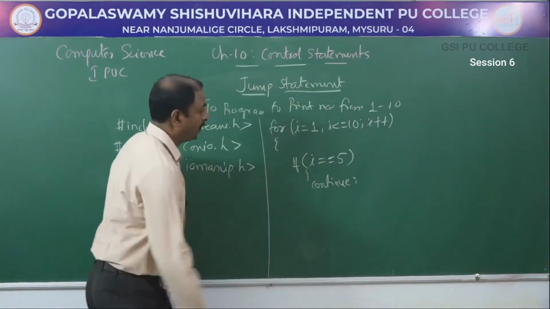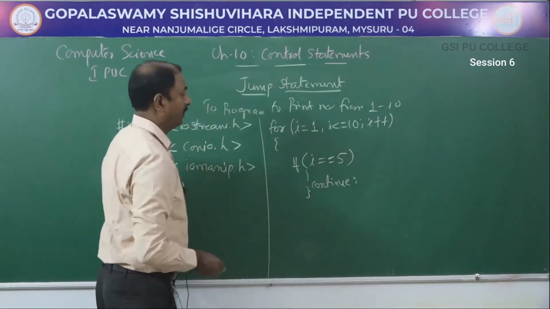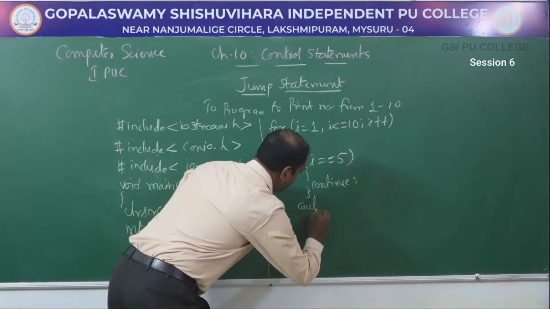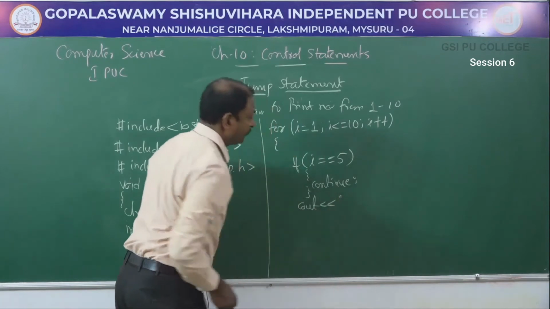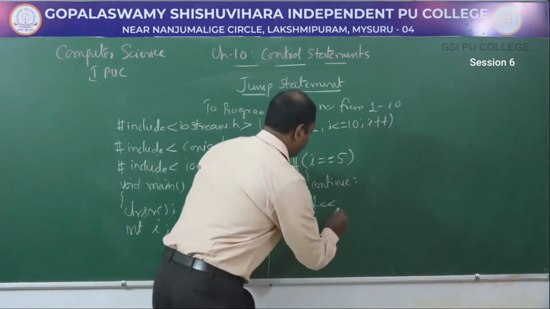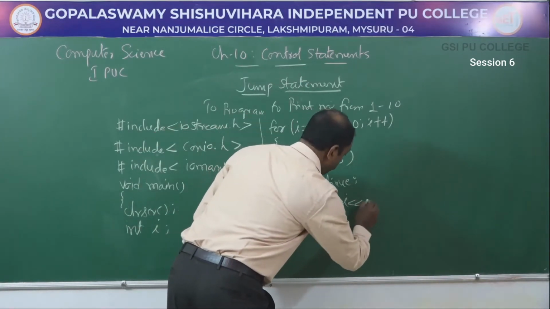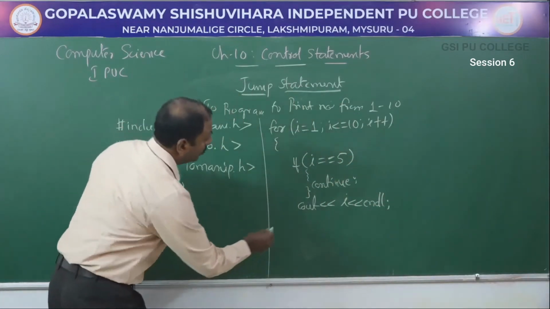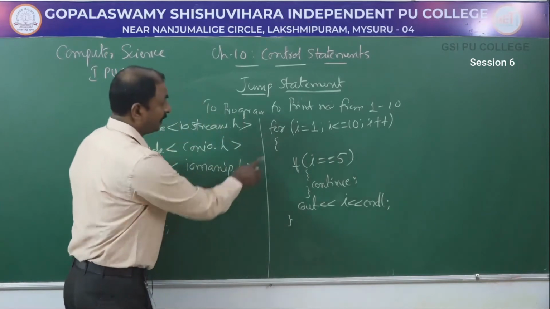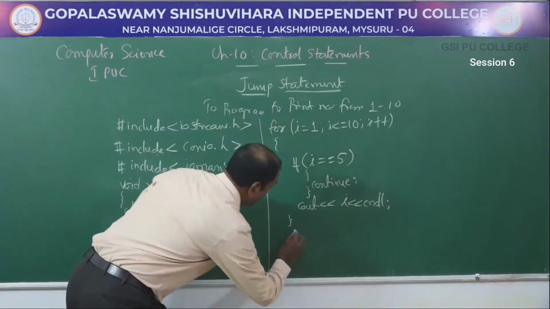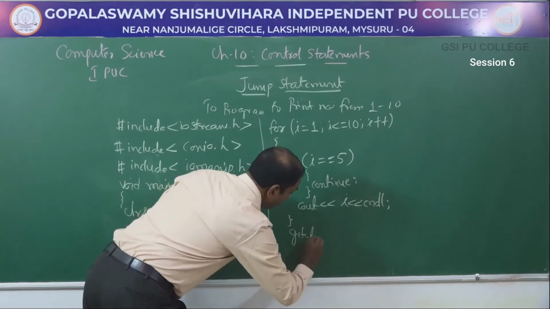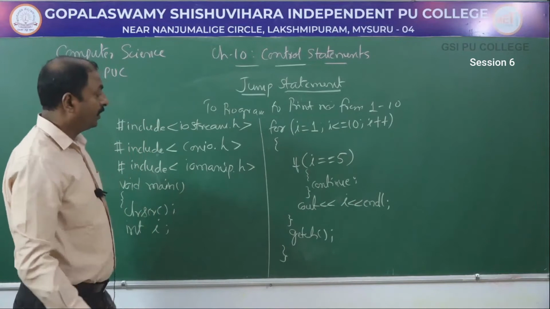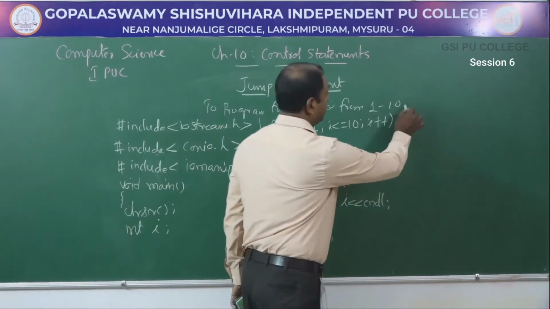This is continue. I am closing this if condition. Next we write cout i endl. Now closing this bracket, closing the for loop, then close the program with getch and the end of void main. So let us see this example.